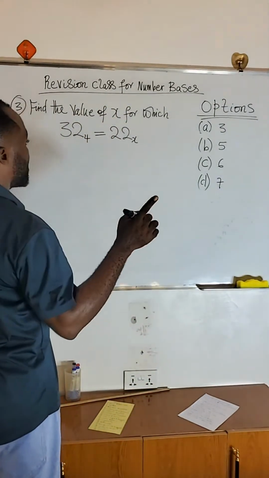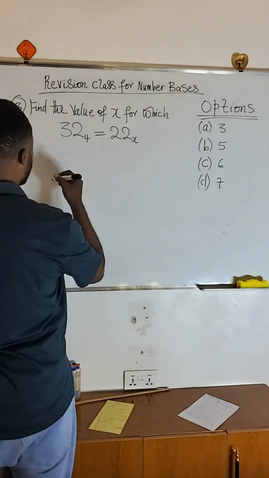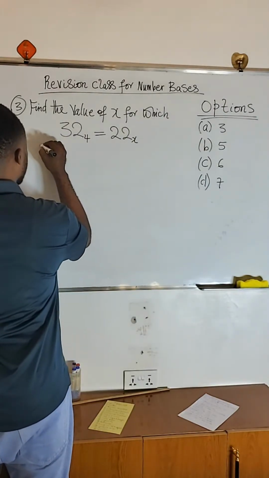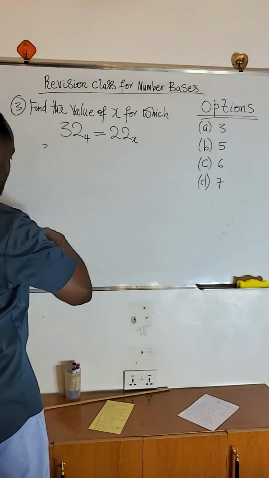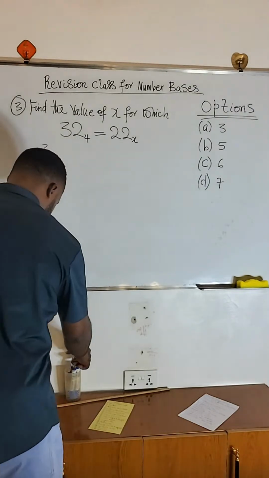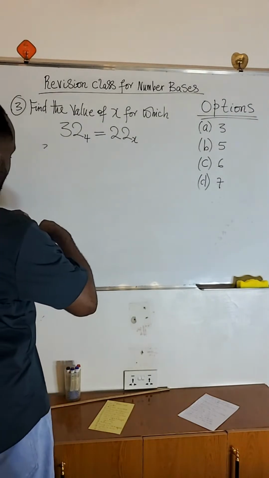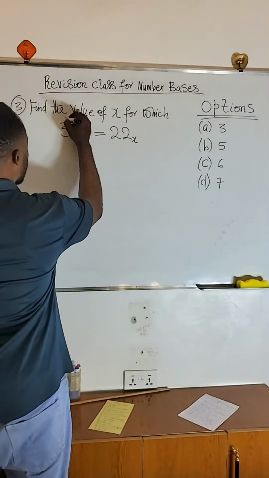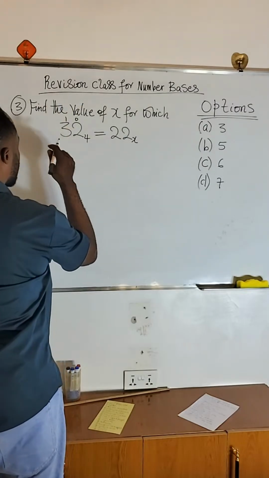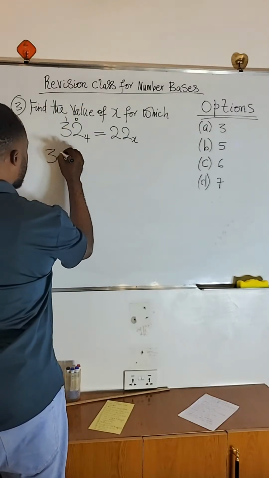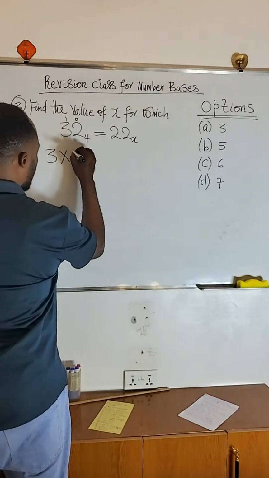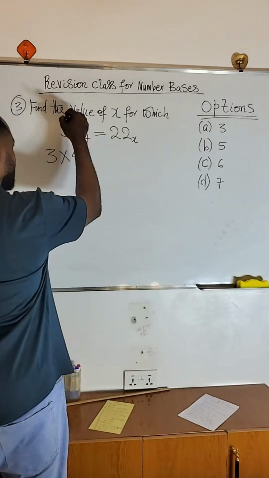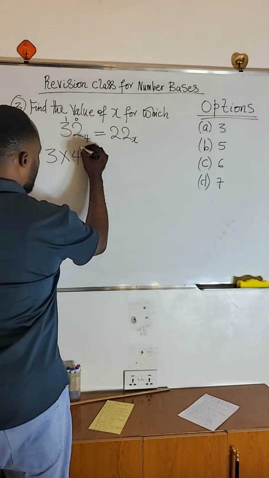So let's see. If you can remember the other way we did the other one, you first of all multiply the first digit by the base. So this will also be 1, 0. Those are the powers. 3 times 4, which is the base, raised to this power 1.